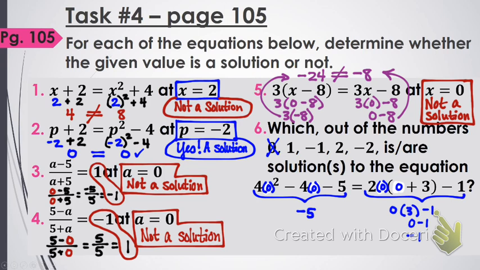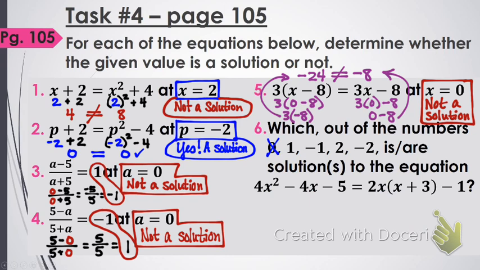What about if I put 1 in the place of all those x's? Let's see what we get on the left if I put a 1 in the place of these x's. What is 1 squared? 1. And then I take it and multiply it by what? 4. So I would have 4 minus 4 minus 5.